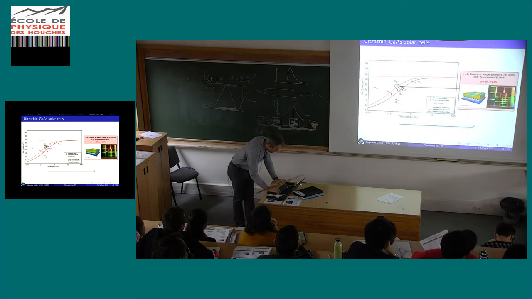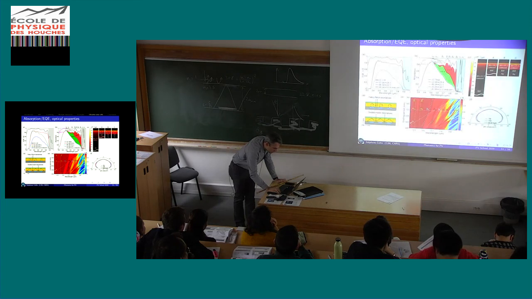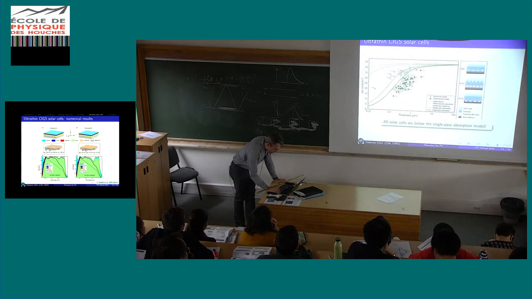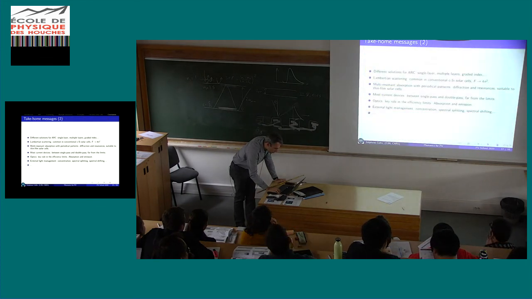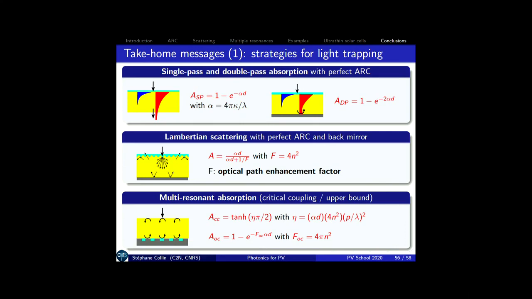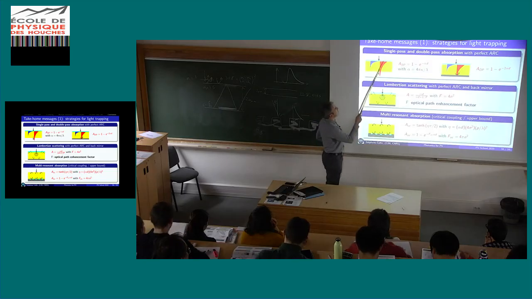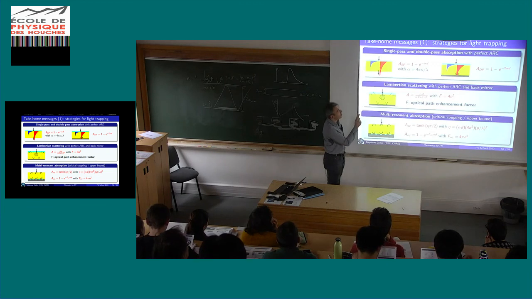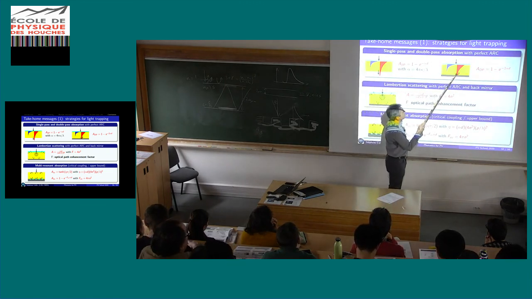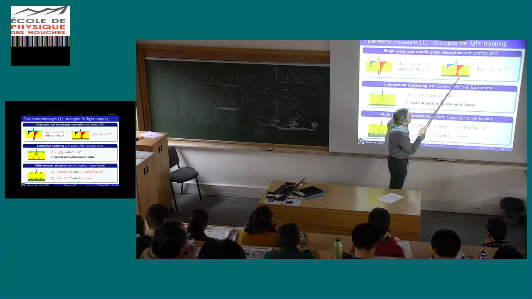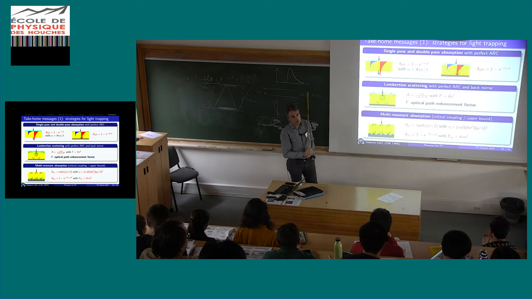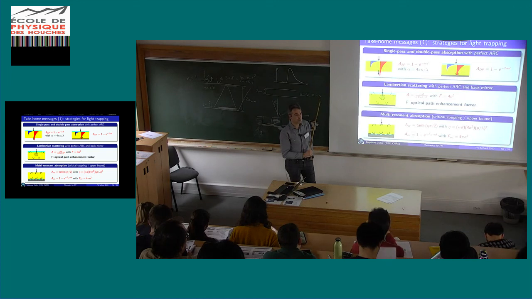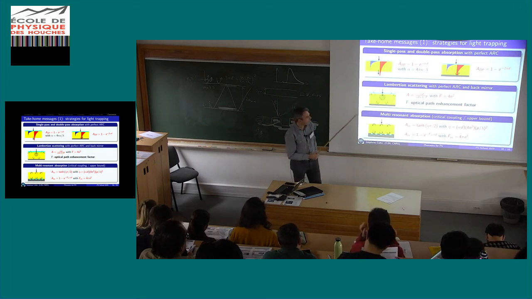So the timekeeper says that I should not use privilege and I should stop. So let's go to the take-home messages. Maybe the most important is first to have a good anti-reflection coating. Then, second important thing, if you want to have high JSC, to have a good mirror. And if you look at all the crystalline silicon solar cells you have seen this morning, most of them don't have really good back mirror.